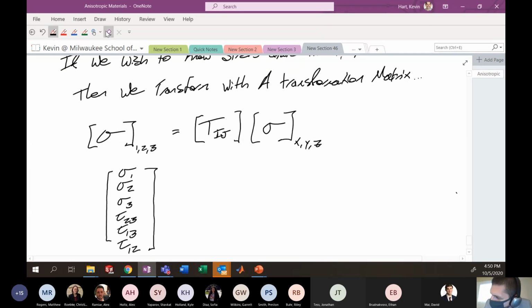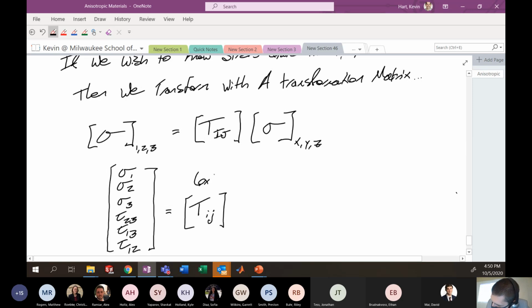Here's your full stress state in your principal coordinate system, your material coordinate system. This might be, we'll just call it for now, Tij. This is a 6x6 multiplied by whatever stress state you have in the xyz coordinate system.